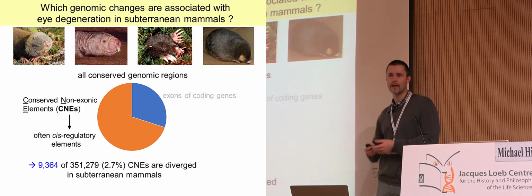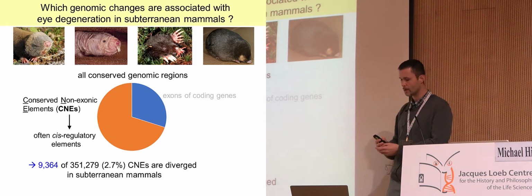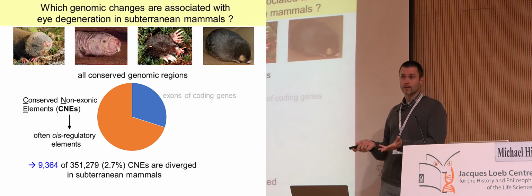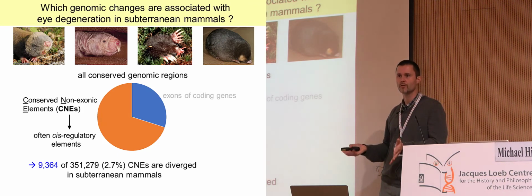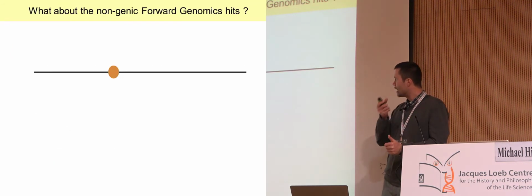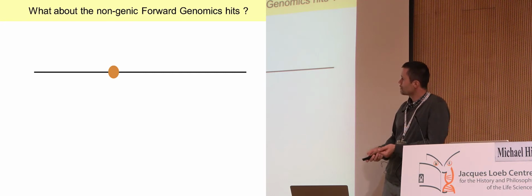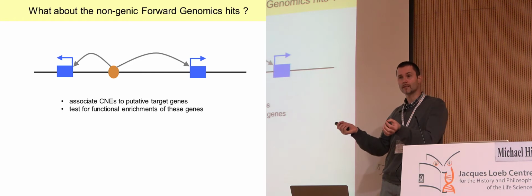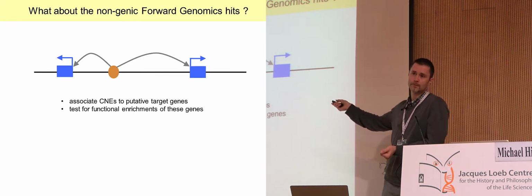And then, of course, we asked the same question: which of those could be relevant for eye degeneration, and is there any enrichment? This is a more difficult question to ask because, in contrast to the genes, we typically don't know much about what these non-coding regions are doing. So we've been using two statistical approaches to assess this. The first approach assumes that many of these CNEs have regulatory activity and that they may regulate either the upstream or the downstream gene.